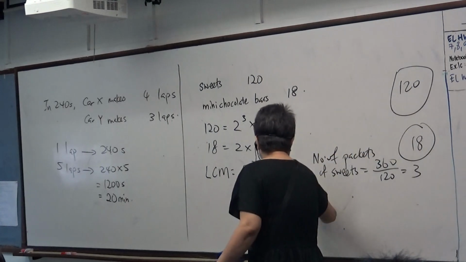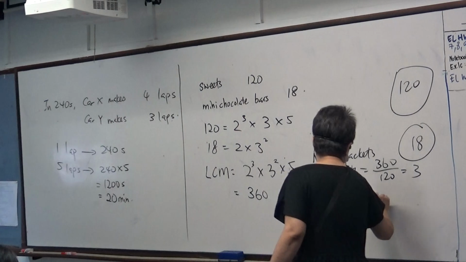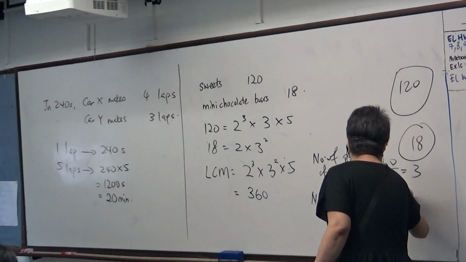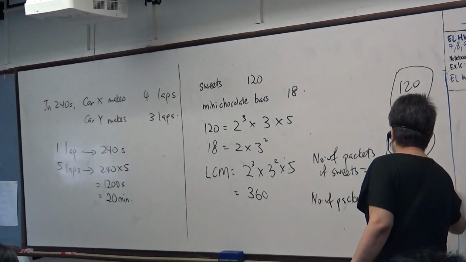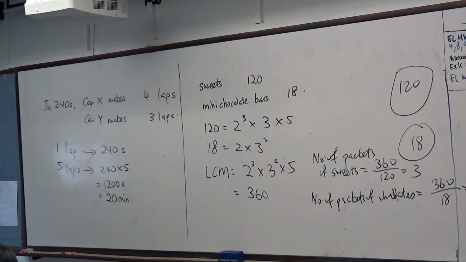Now, what if I extend the question? What about the number of packets of chocolates? I will take 360 divided by 80. How many packs? Is it 20?